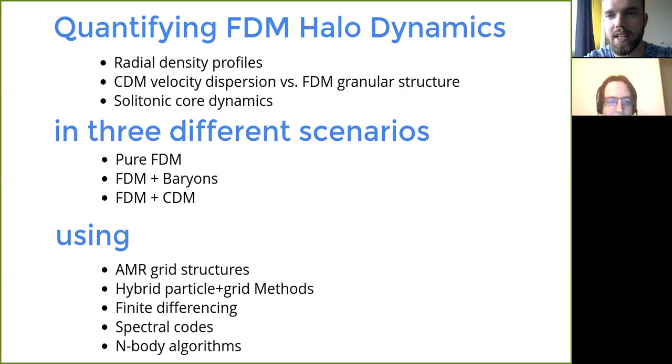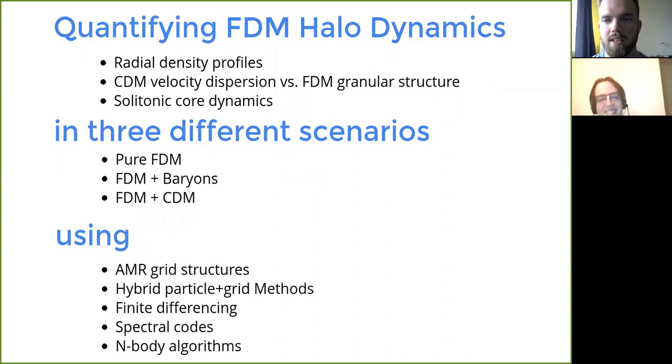And I will do that in 3 different scenarios, namely for pure fuzzy dark matter, for fuzzy dark matter and baryons, and now for the first time I will show results for a mixed dark matter case with fuzzy dark matter and cold dark matter alongside each other with varying fractions.